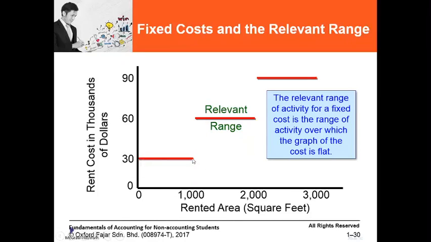If you are renting 1,000 square feet, you still need to pay 30,000 dollars. Then there will be a significant increase: if you are renting 1,500 square feet, it will increase to 60,000 dollars. Therefore, as you can see here, there is a doubling of the cost over this relevant range. So this is what we consider as fixed cost.